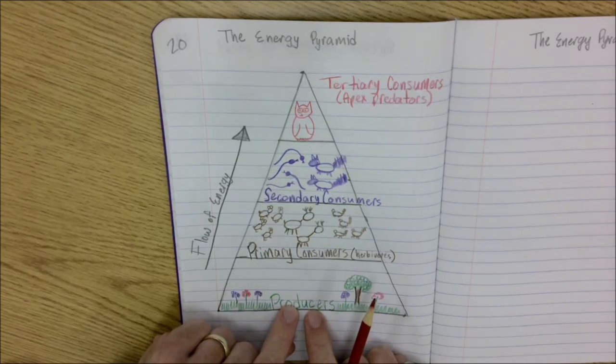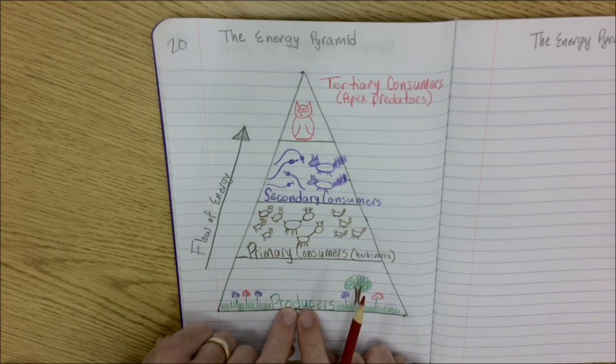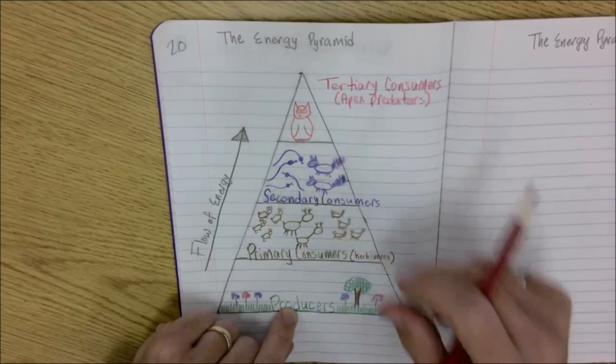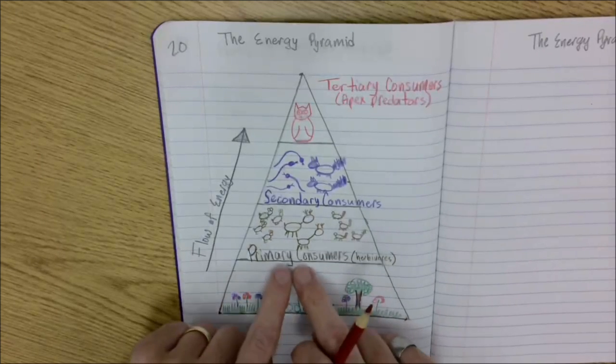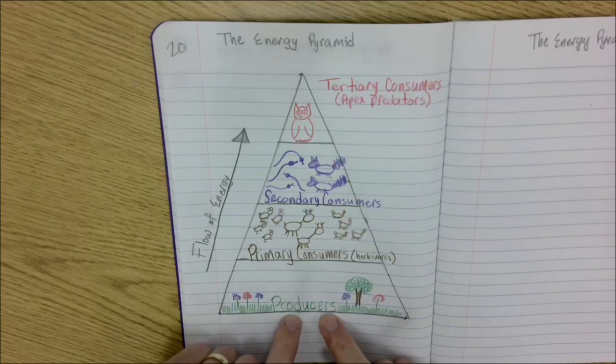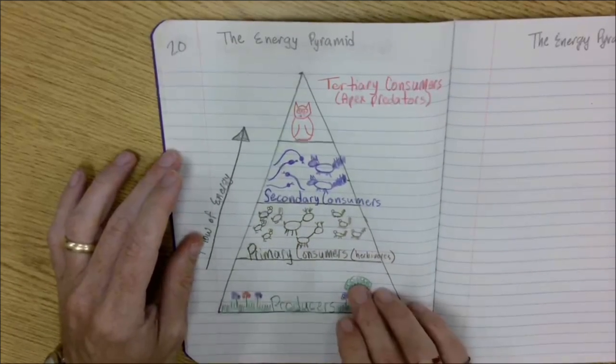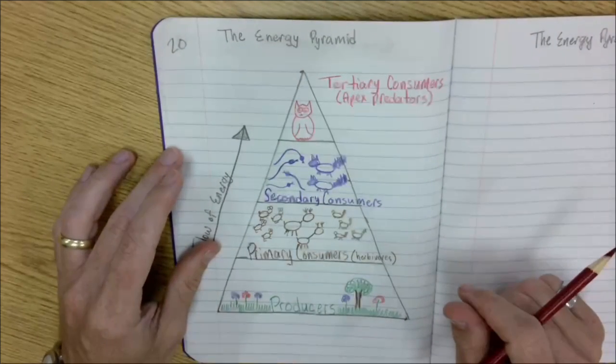Because producers can use light energy and turn it into chemical energy, the rest of these organisms are able to live. So the first level is always producers because they are vitally important. Without the producers, we would have nothing else.